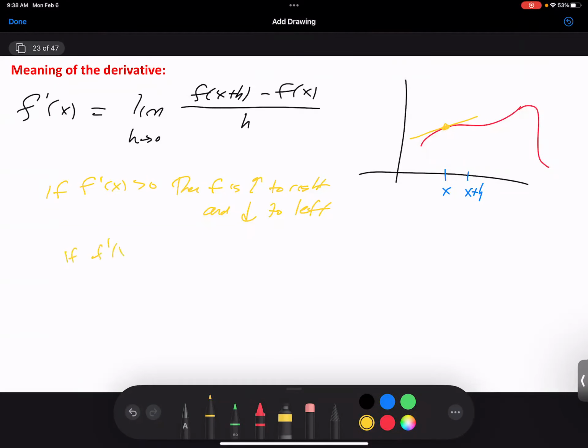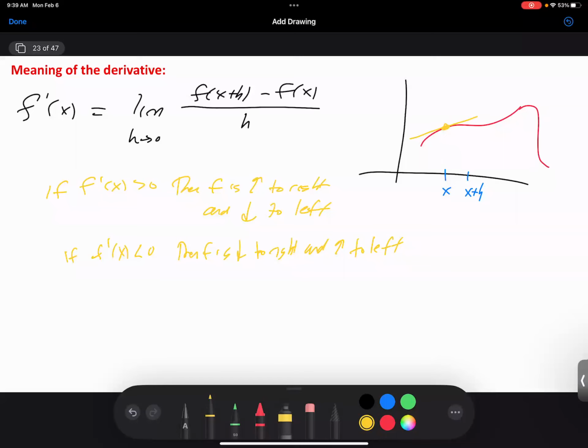If f prime of x is less than 0, then f is decreasing to the right and increasing to the left. So the interesting case is what? Yeah, what does it mean if the first derivative is 0?